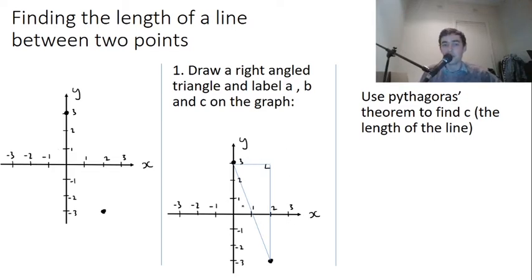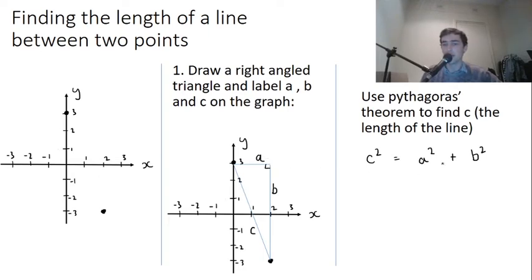Okay, so in Pythagoras' theorem, C is always the long side or the diagonal side. And A and B, it doesn't really matter which ones they are. They're the other 2 sides. And the theorem is C squared equals A squared plus B squared.